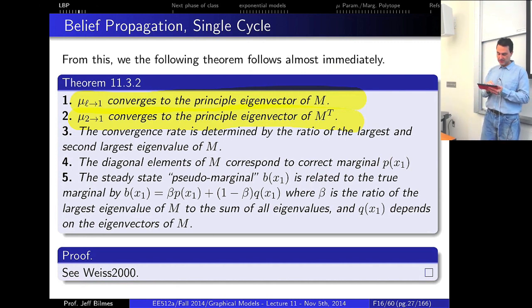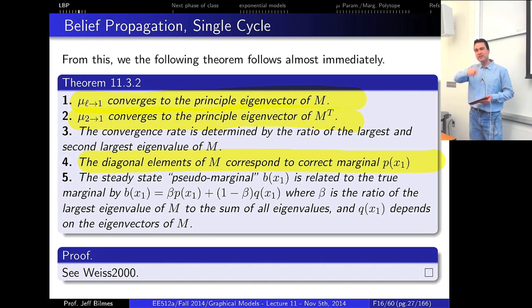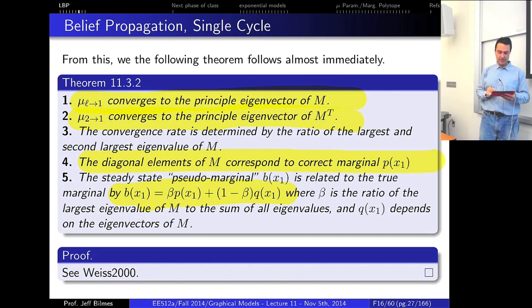The diagonal, it turns out, is going to correspond to the correct marginal at x1. This is only at x1. And then the steady state pseudo-marginal. So basically what's going to happen is eventually, if it does converge, we're going to reach a steady state at x1. And the pseudo-marginal is going to be this mixture of the true marginal, p of x1, and this other guy, q of x1, which depends on the rest of the matrix.